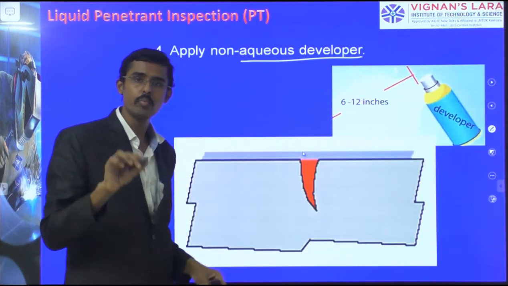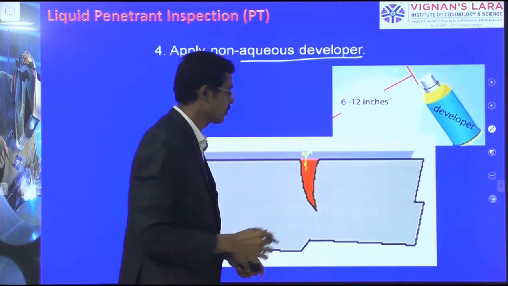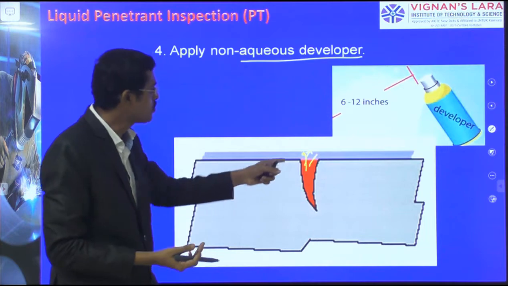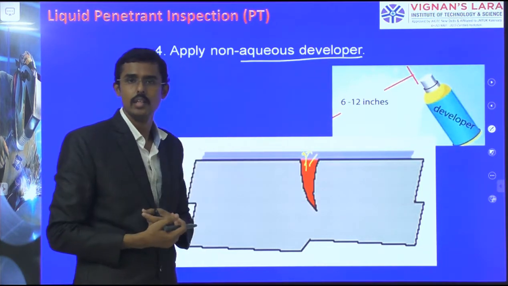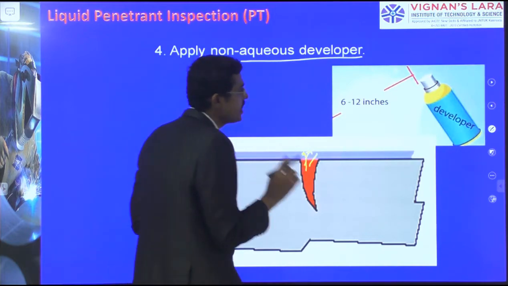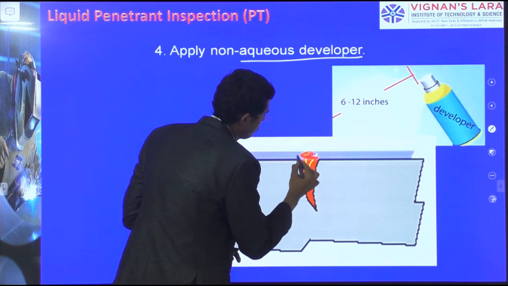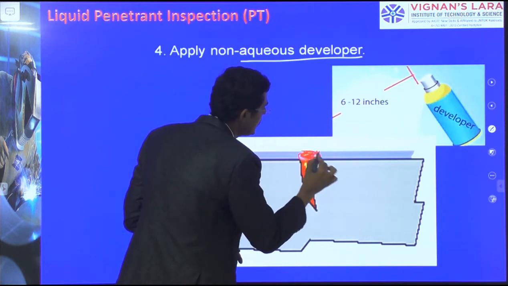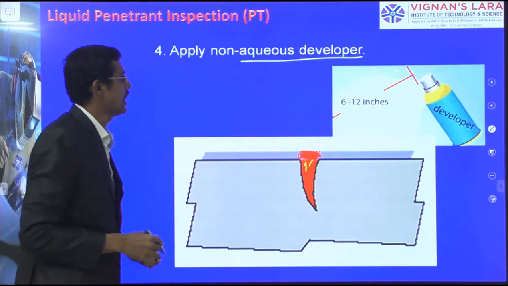This red liquid penetrant will be drawn up and comes out. It means the developer is absorbing the liquid penetrant. Therefore, this area will look red. Because it is absorbed, this white developer has absorbed it outside.